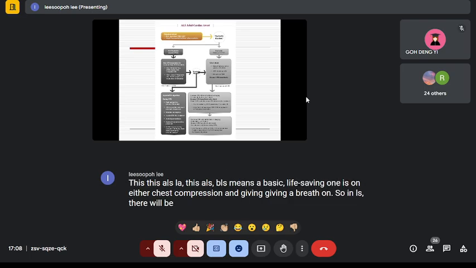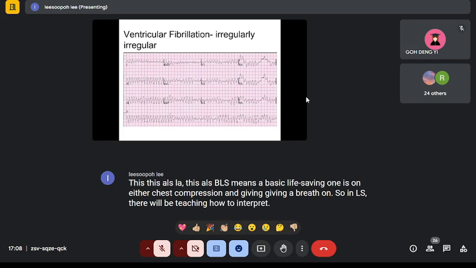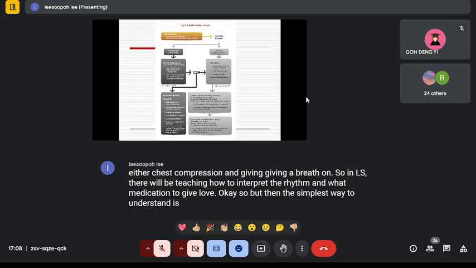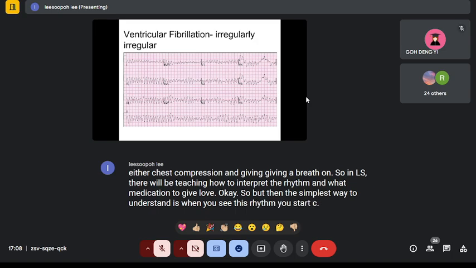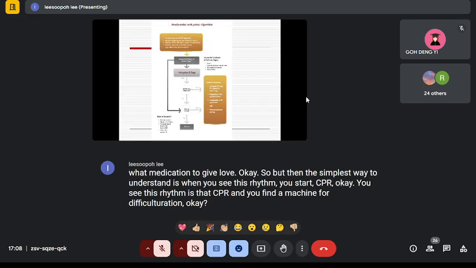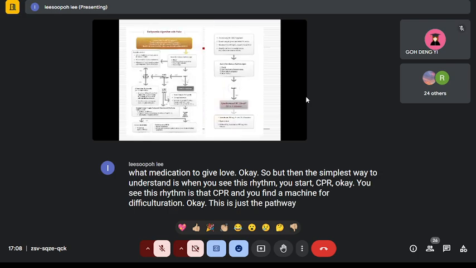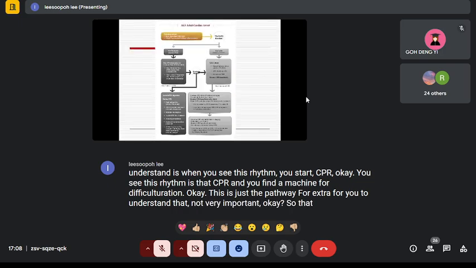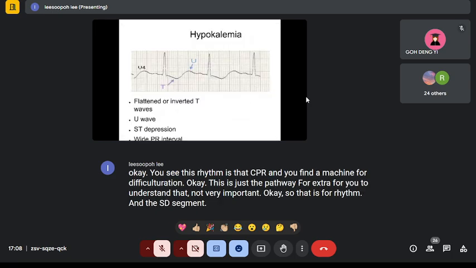In ALS there will be teaching on how to interpret the rhythm and what medication to give. But the simplest way to understand is when you see this rhythm, you start CPR, and you find the machine for defibrillation. This is just the pathway for extra understanding, but not very important. Okay, so that is for rhythm and the ST segment.